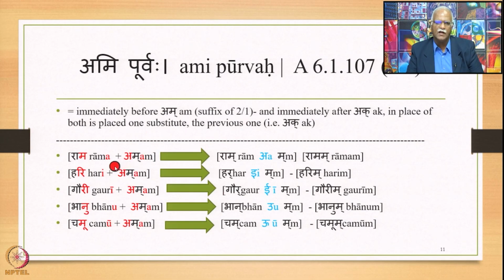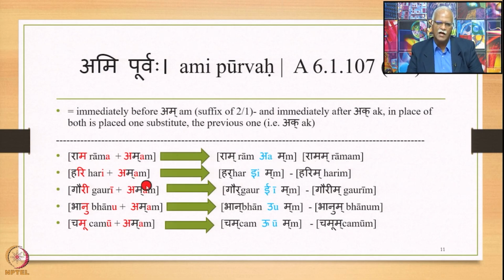Apadantadakarat gune parataha pararupam ekadeshasyat. So pararupa sandhi is also possible. All these possibilities, they are cancelled by amipurvaha because of the specific mention of the suffix. In case of no pararupam, no savarna dirghaha, just the purvarupam. So we have Ram, and Ma, that is Ramam.